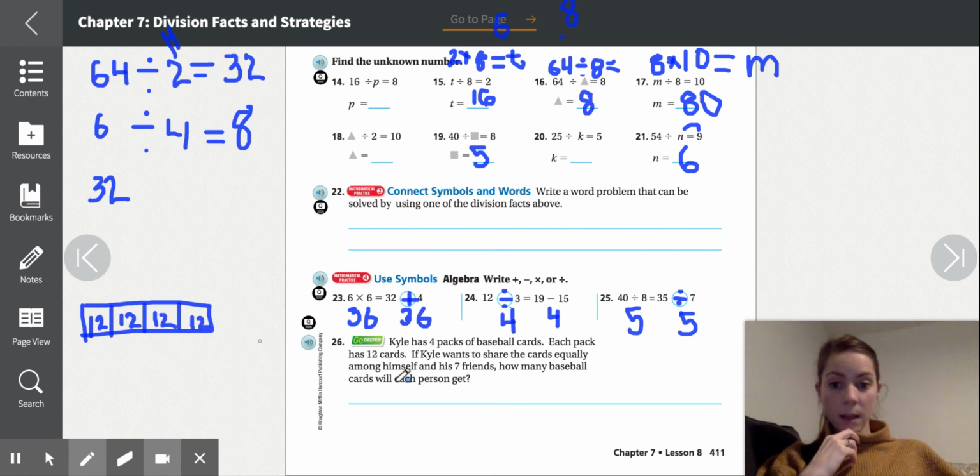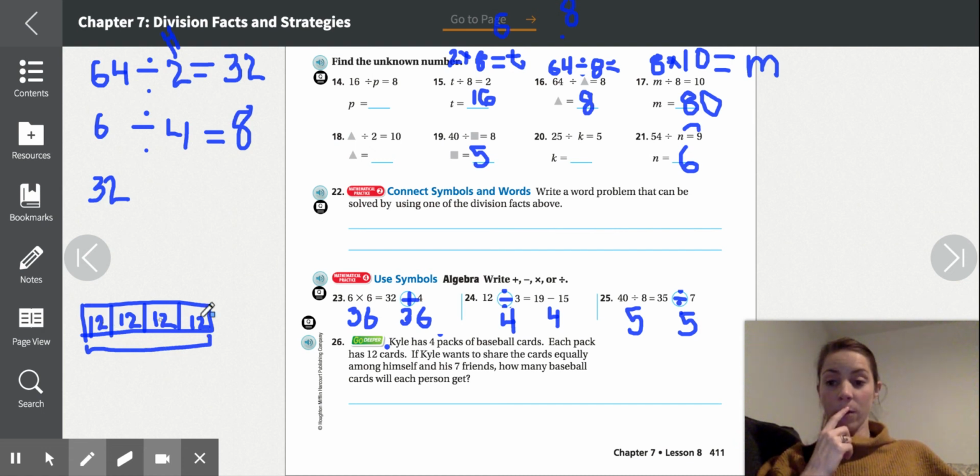Okay, so I've got the 4 packs, I've got the 12 cards, and then he wants to share his cards among himself and 7 friends. So right now, I can't do that yet because this does not have himself and 7 friends as groups to share into. So I think I need to finish this bar model off and get the total of all these cards first. Remember, the total goes at the bottom of the bar model.